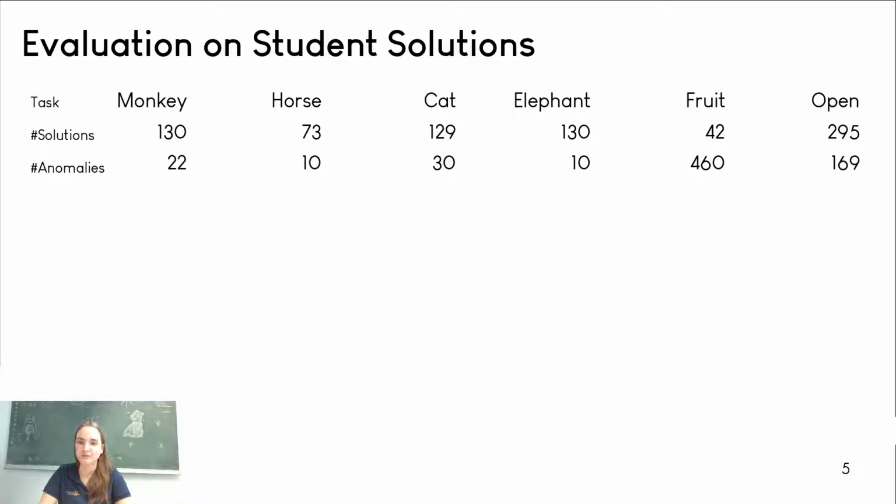For example, if you compare the results for the elephant and the fruit, you will see that although the elephant task has a lot more solutions, there are only 10 anomalies reported. For the fruit task, which has a significantly smaller dataset, we found 460 anomalies. So you see that there has to be some other reason for how many anomalies are reported.